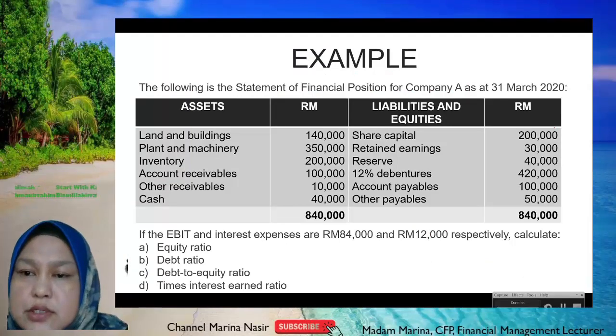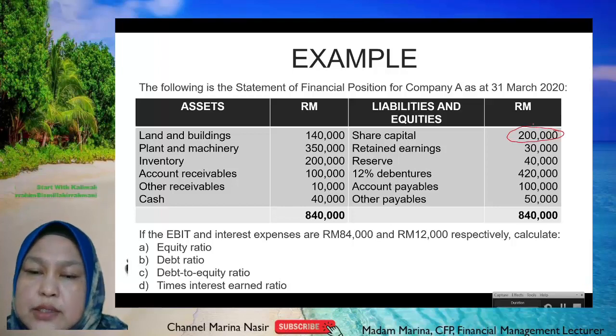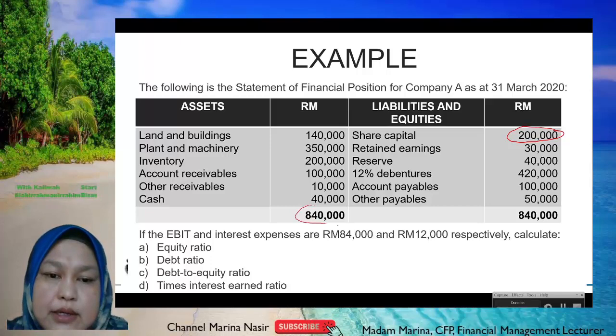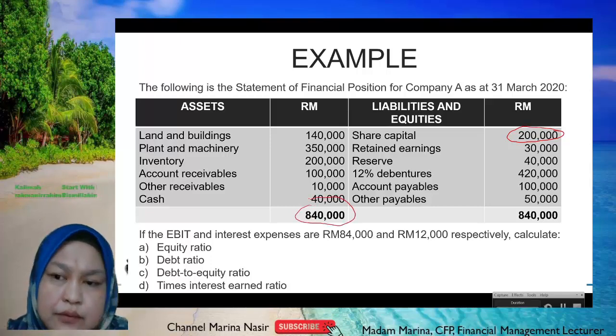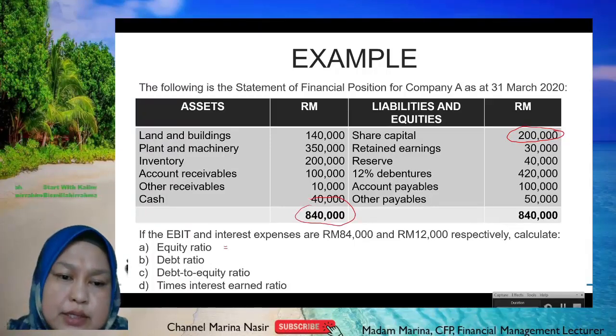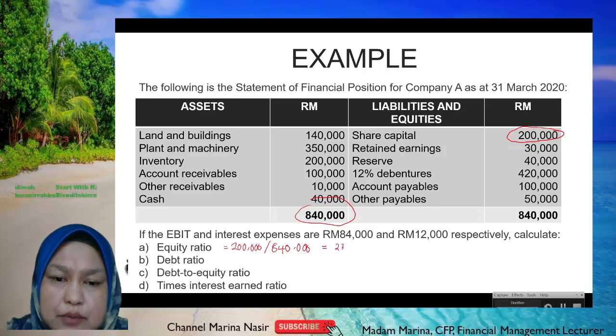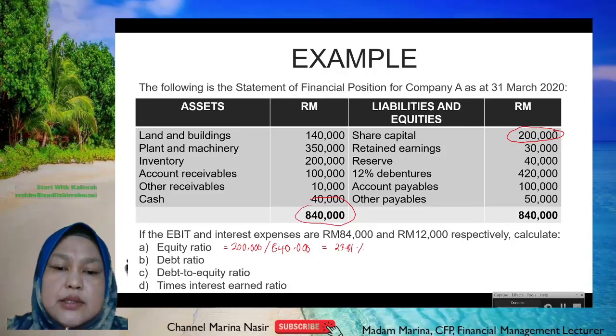This is shareholder equity value 200,000 divided by total asset 840,000, times 100, equals 23.81%.